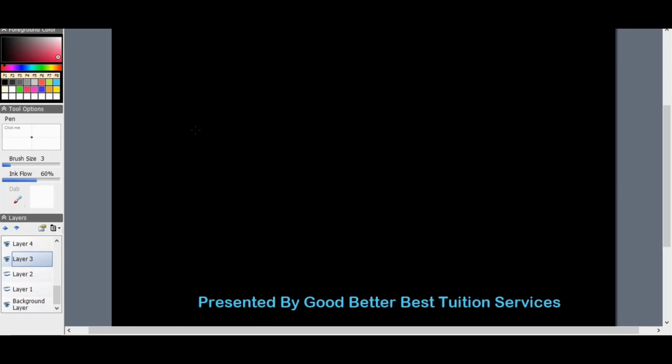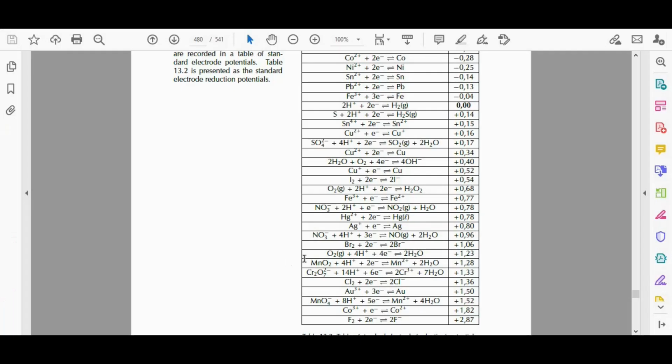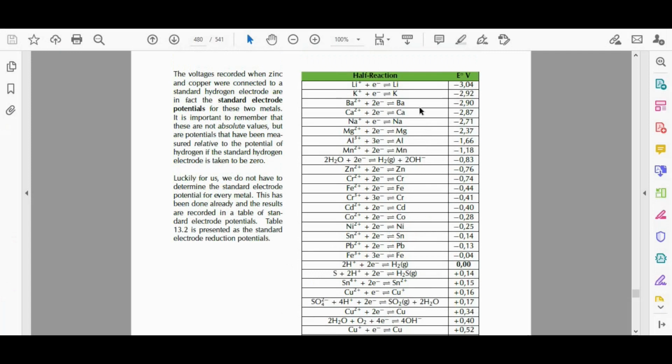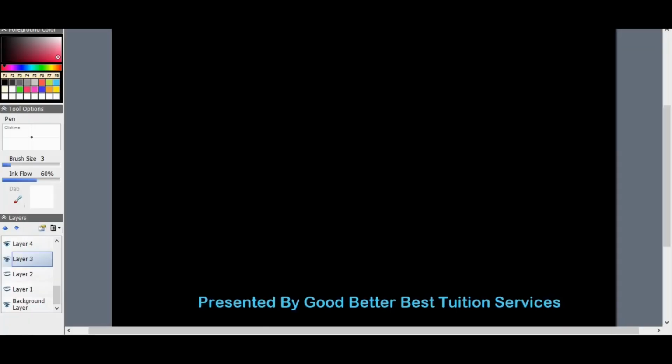So now we have, again in the table, and what I'm going to use is lithium. The reaction is obviously not written the same way, because lithium is a substance that has become oxidized.